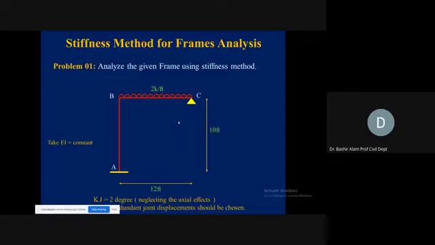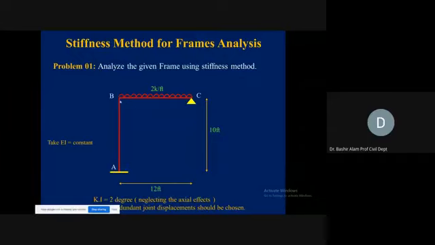The first step in the stiffness method is to identify which joints can have movement. We look for the degrees of freedom now. If we look for the total degrees of freedom, taking into account the axial effects also, B joint is free now.